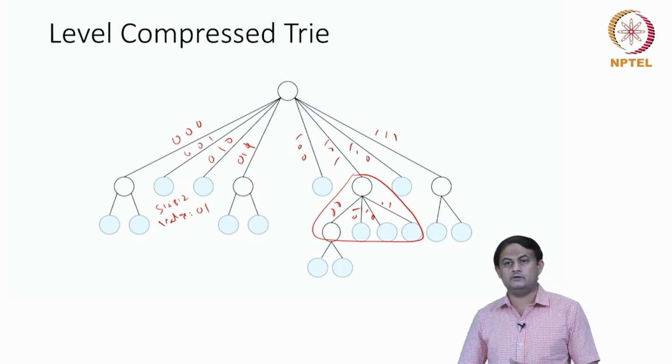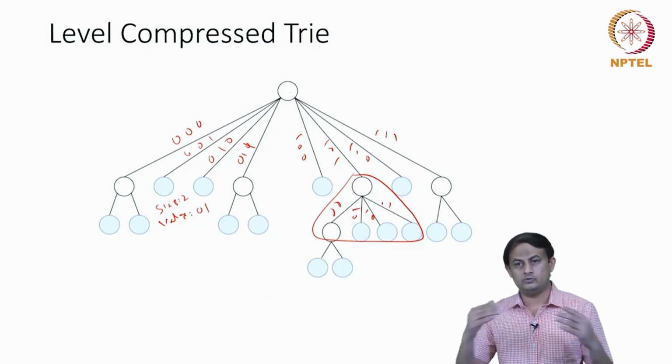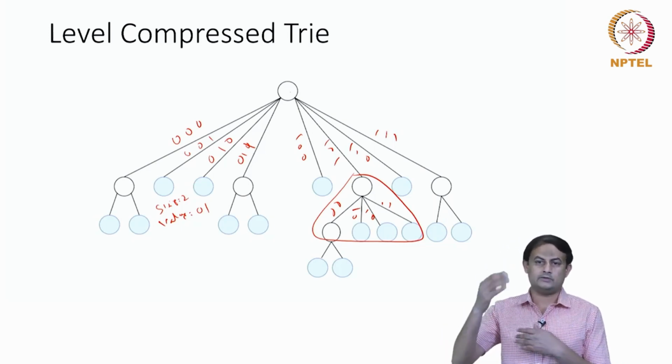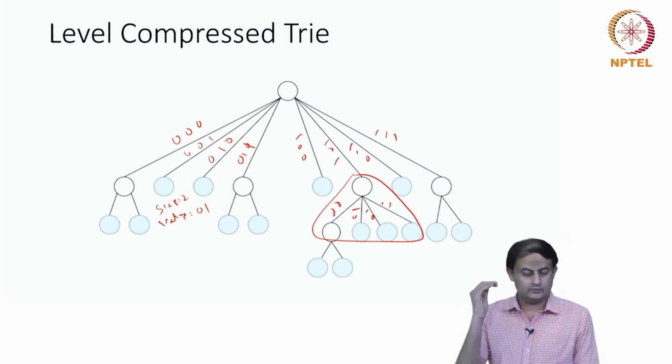So by doing the path compression, I am going to relabel the nodes which represent the collapsed entries, with the skip length and the value I am going to remember.